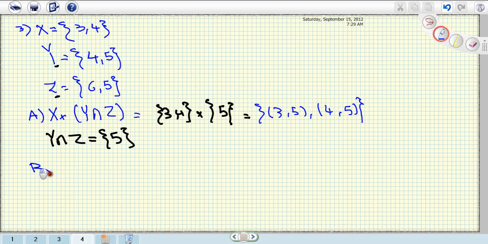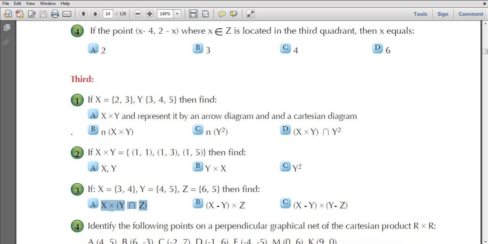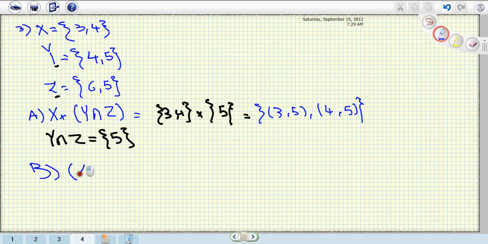Letter B. The Cartesian product of x difference y and z. I'm going to write it here, x difference y. So first I'm gonna find the difference here, x difference y, and difference here means the elements that belong to x and don't belong to y.